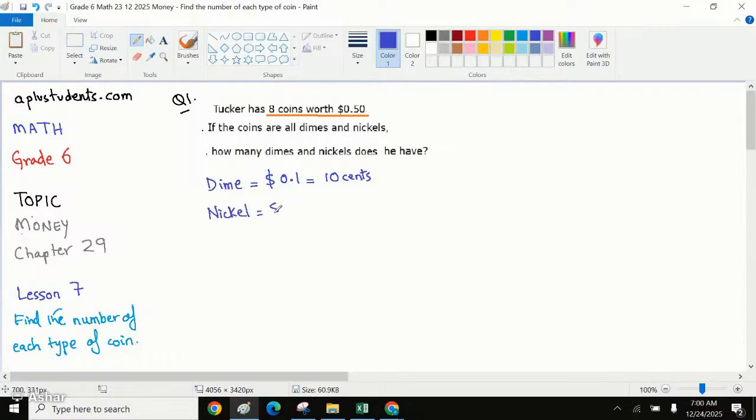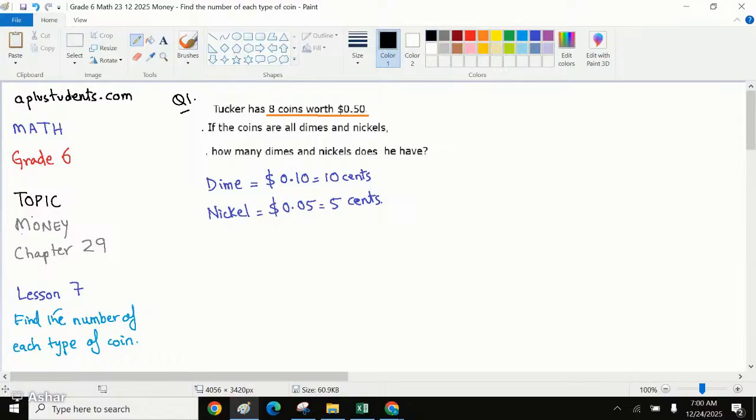Each nickel is 0.05. That means 5 cents each. A dime is 10 cents and a nickel is 5 cents. For a dime, we can also write 0.10, right? 10 cents.